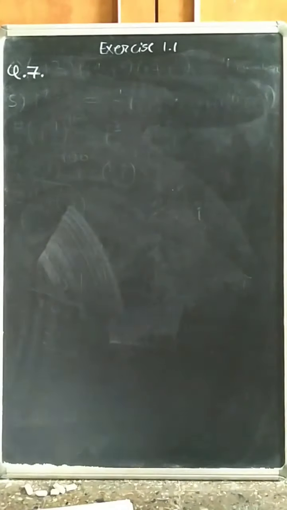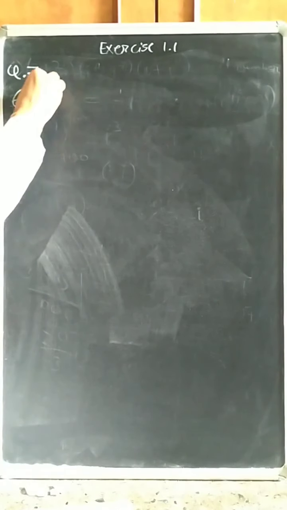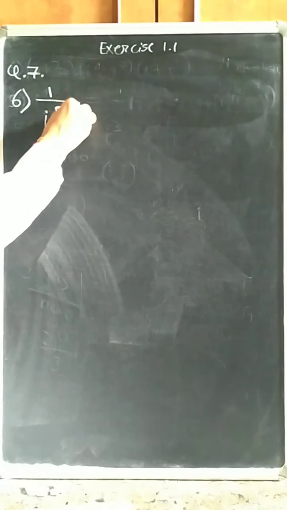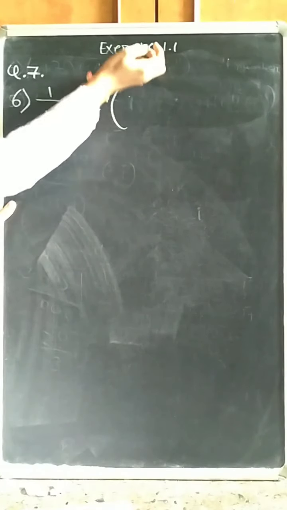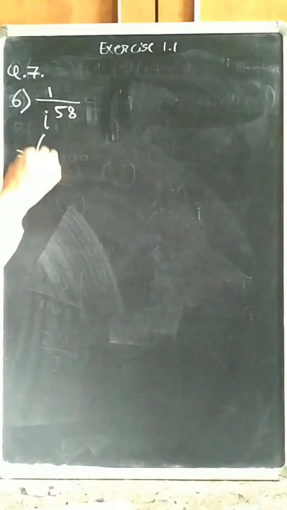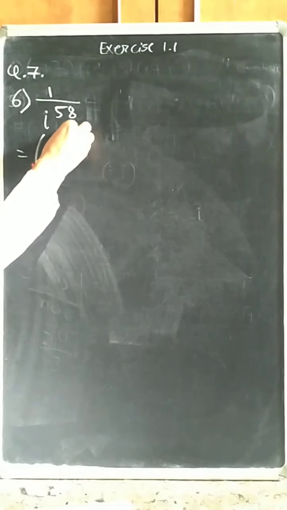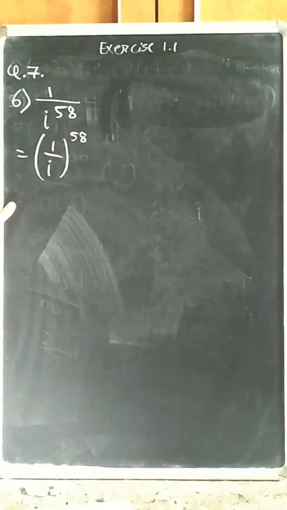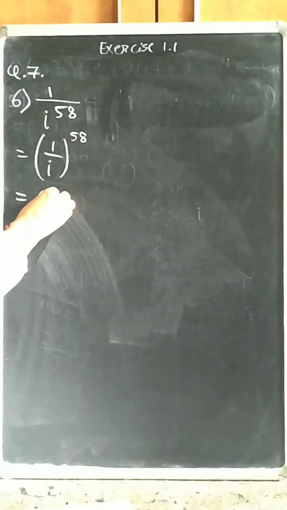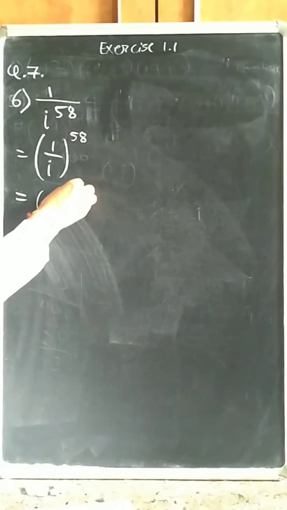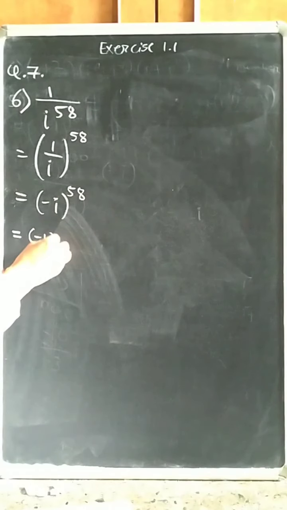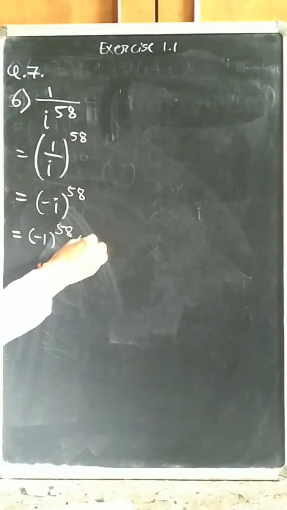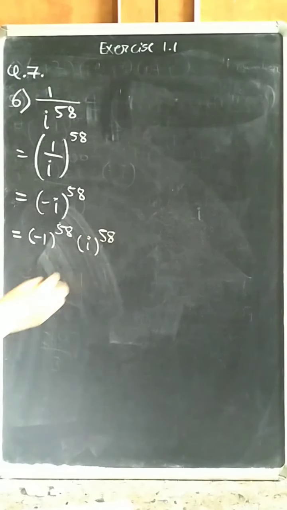Next is 1 upon i raised to 58. Sixth one. 1 upon i raised to 58. But 1 upon i is minus i, so raised to 58, which equals minus 1 raised to 58 into i raised to 58.